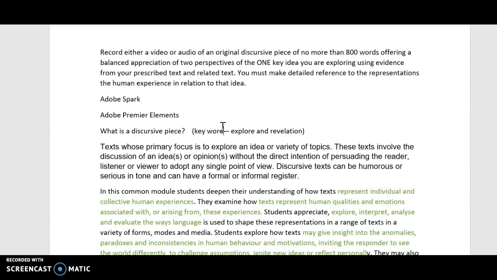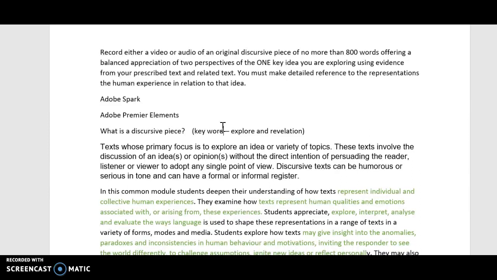What is it that you're questioning about the key idea, and open it up to exploration. It doesn't start with a definite thesis. It's different to a persuasive essay. It doesn't develop a single line of argument either. It is looking at it from both sides, and it's not making an argument at all.